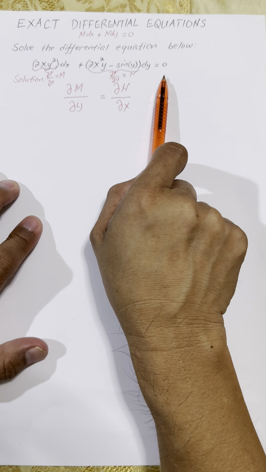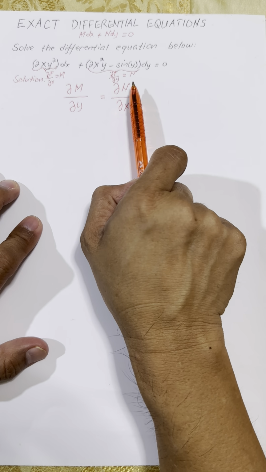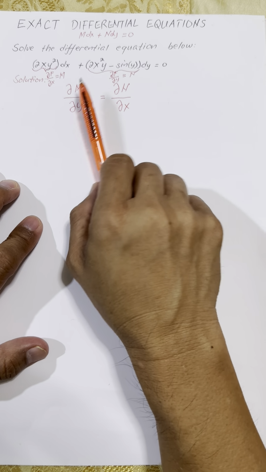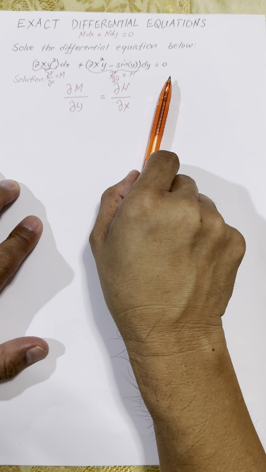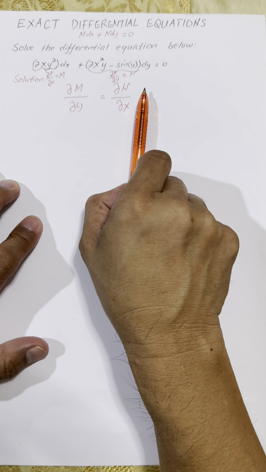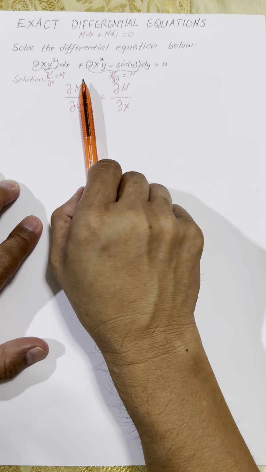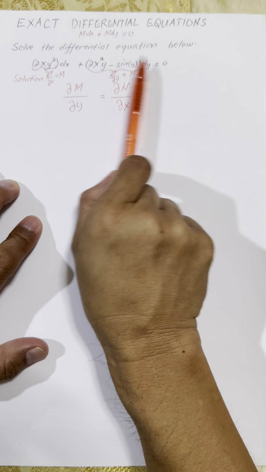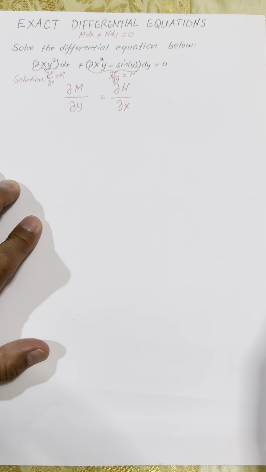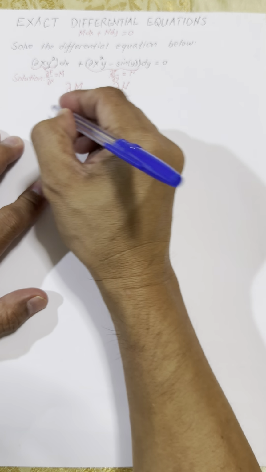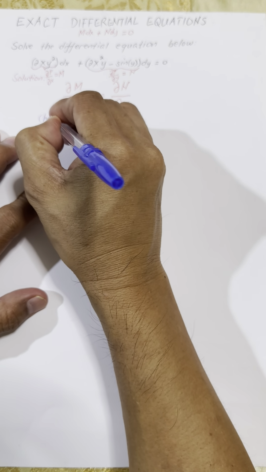And then we have two steps to follow in finding the solution to this differential equation. And there are two methods of solving a differential equation that is exact. Okay, so the requirement here is, first you have to check. This is your first step.